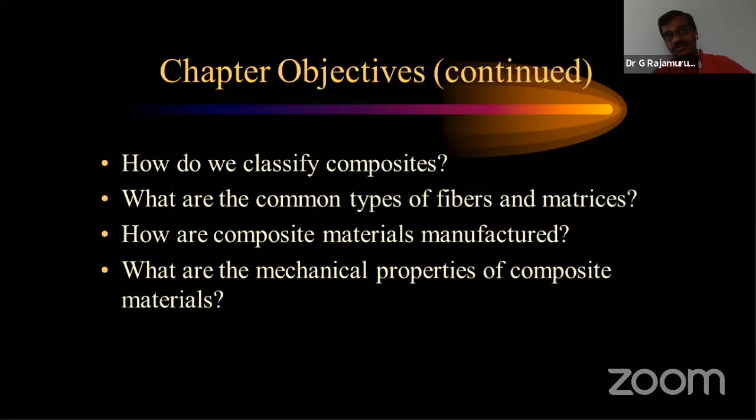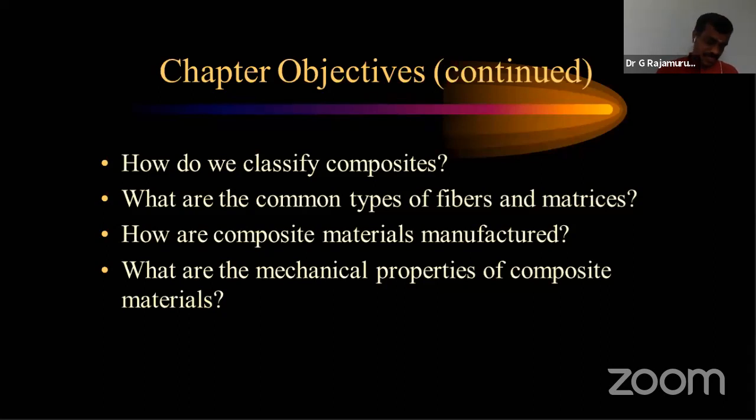And how the composites are classified, on what basis they are classified, what are the common types of fibers in a fiber matrix composite, and how composite materials are manufactured. In this section, I'm going to discuss the manufacturing of metal matrix composite, and what mechanical properties one should expect from the metal matrix composite.